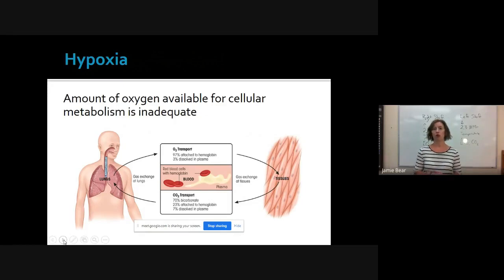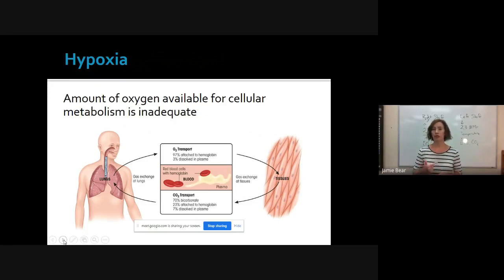And the whole goal is to be transported to the tissues where they're going to uptake approximately 250 mils of oxygen per minute. And that's based on the delivery or the amount that's available to the tissues, and that's about 1,000 mils per minute. So our bodies take up approximately 25% of what's available.